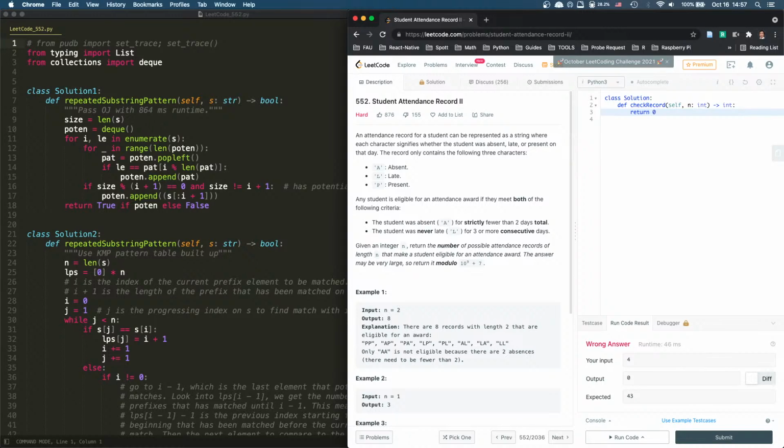And then minus the case where we have no A. If it's no A, then it's just consecutive 3 L's.